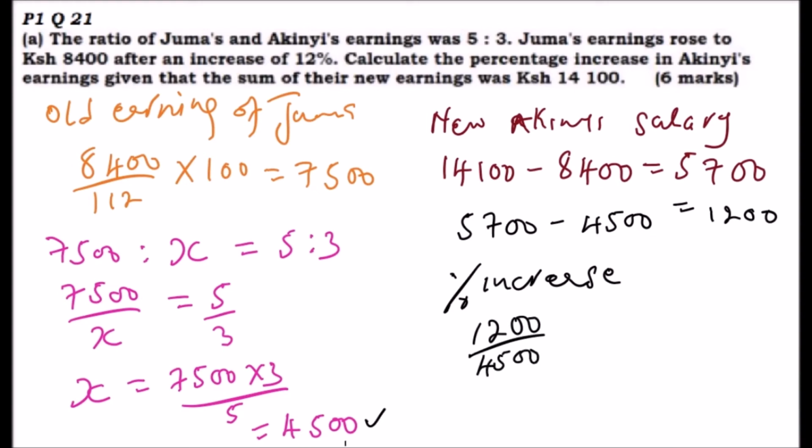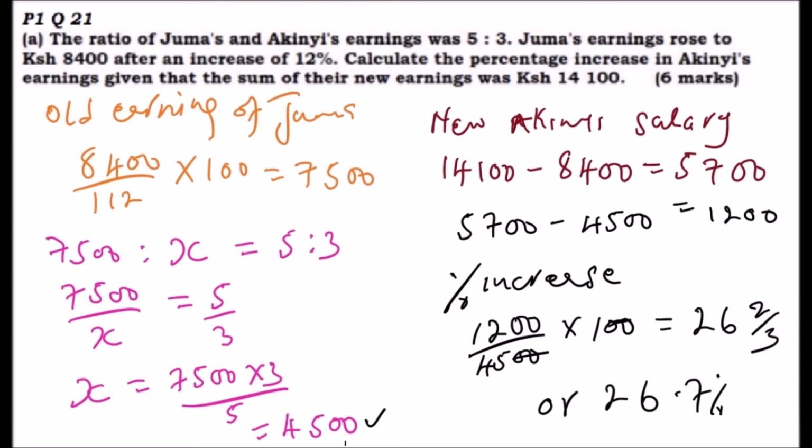We have already computed that, and you multiply by 100. So using your calculator, you can simplify that, and this will give you 26 2/3, or you can say it is 26.7%. This is percent, to 1 decimal place. So that's how you work out that question, and you get yourself 6 marks.